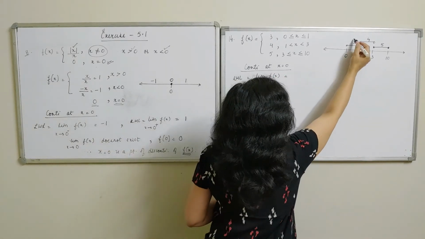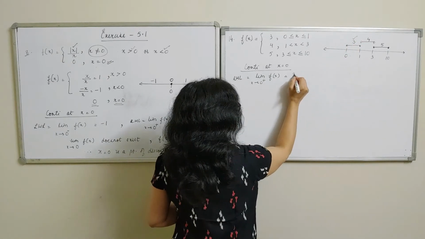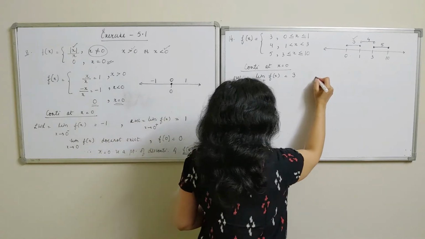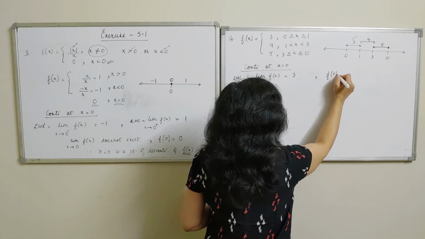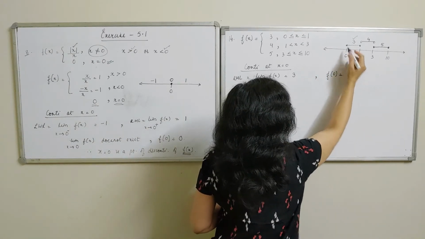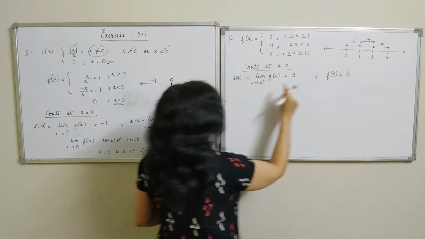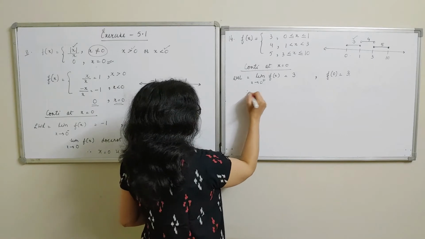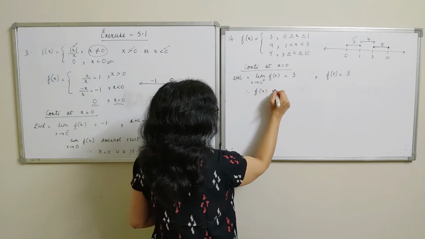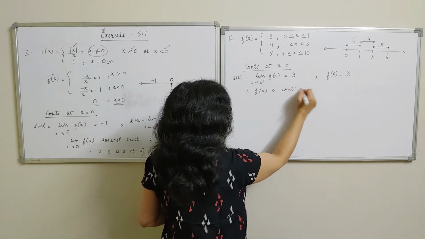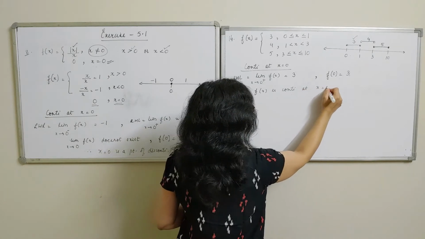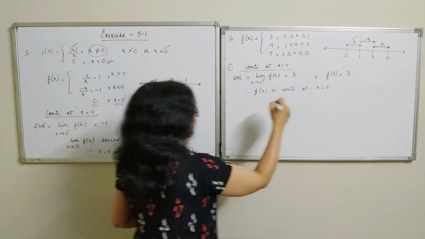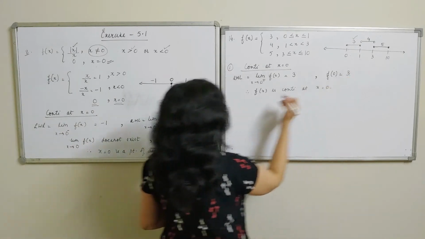Greater than 0, the function is a constant, so we can straight away write down RHL is 3. That means the limit of the function is 3. Likewise, at 0 the value of the function is again 3. So you can see here the limit is equal to the value of the function, so we can say that the function is continuous at the point x equal to 0. So this is one part of the question. Then you move on to the next part, which is 1.